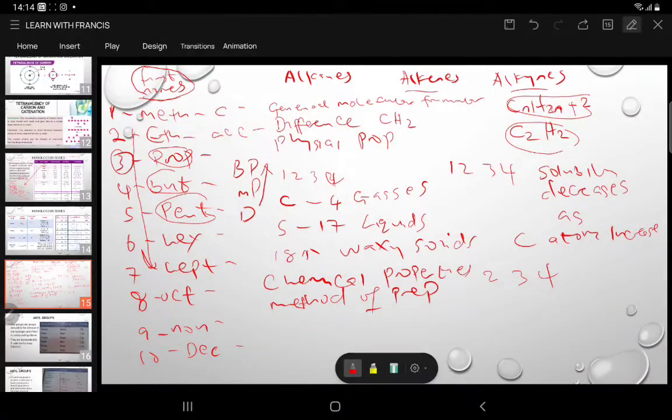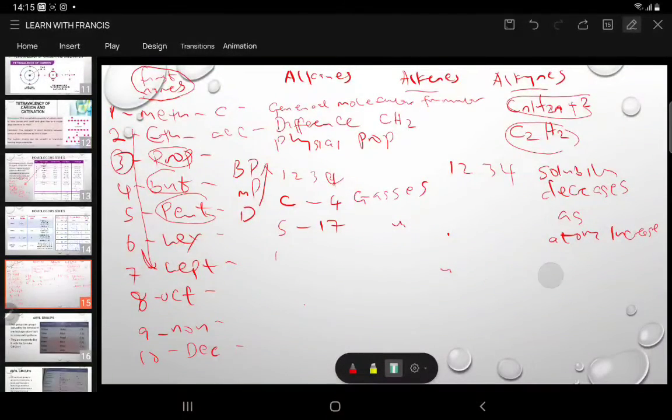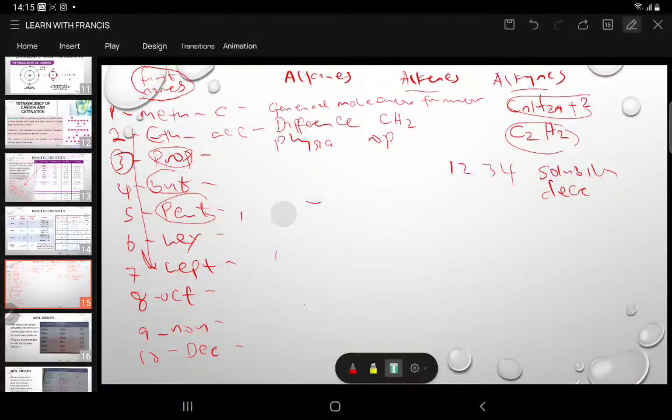So I'll need to clean this up. I just want to give you an overview of all these families once again.